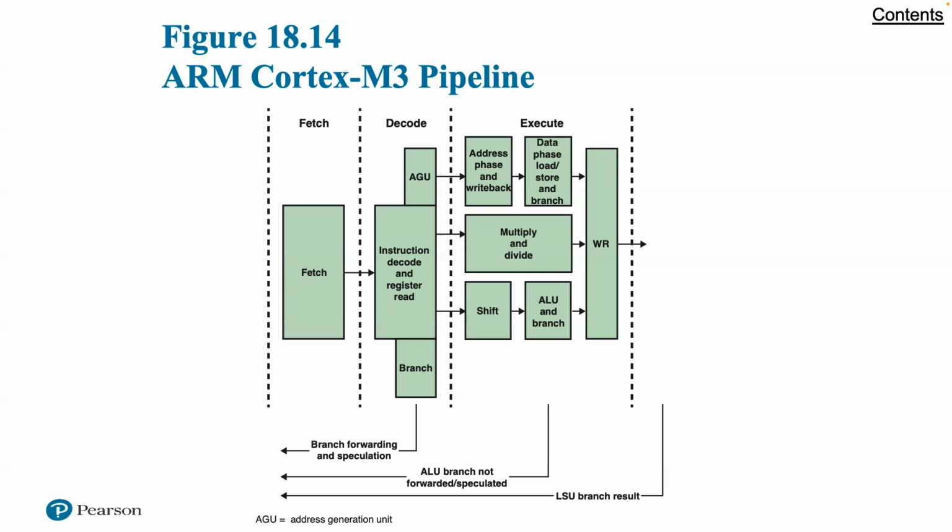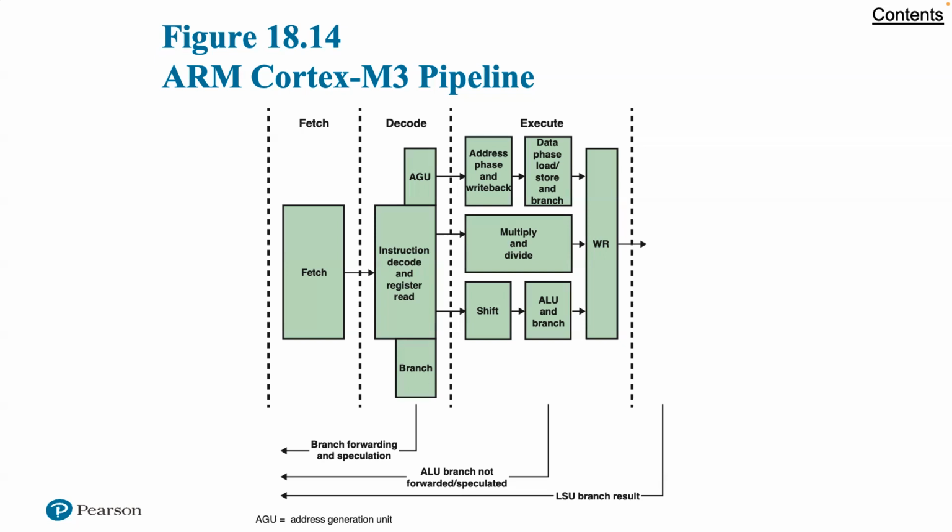We're showing in this figure how branches are handled, which can be described as follows. 1, the decode stage forwards addresses from unconditional branches and speculatively forwards addresses from conditional branches when it's possible to calculate the address. 2, if the ALU, arithmetic logic unit, determines that a branch is not taken, the information is fed back to empty the instruction cache. 3, a load instruction to the program counter results in a branch address being forwarded for fetching.